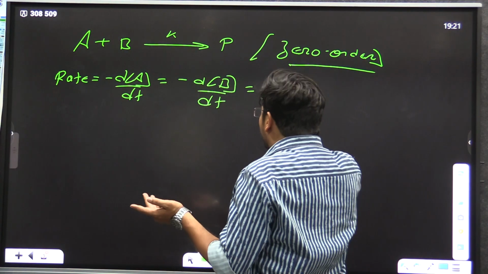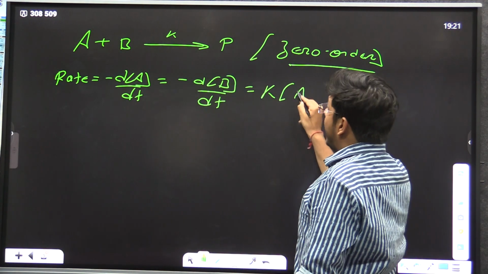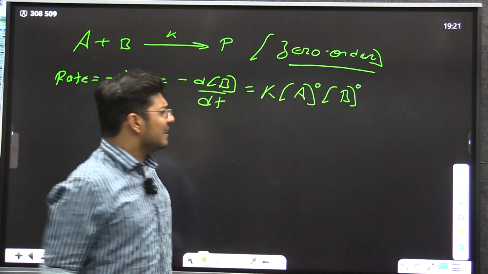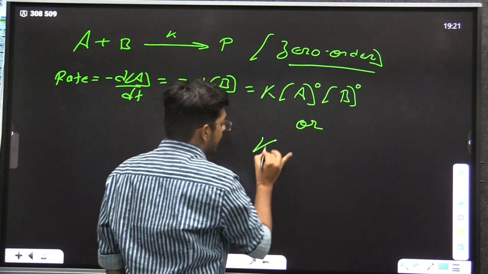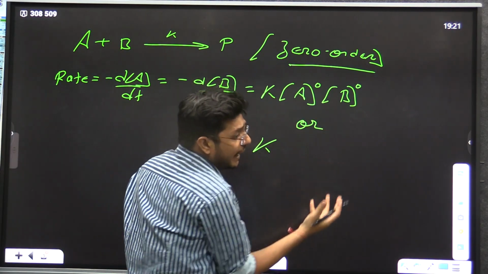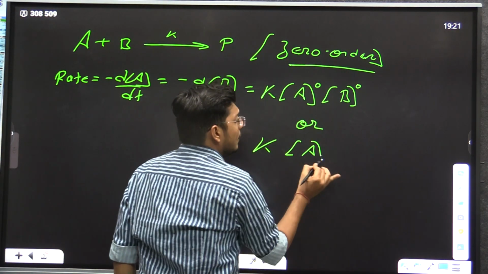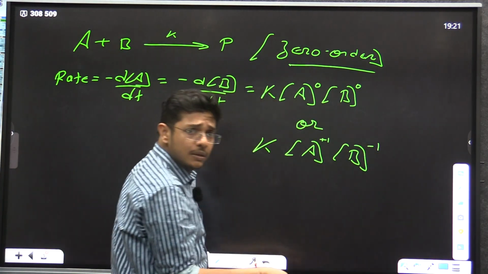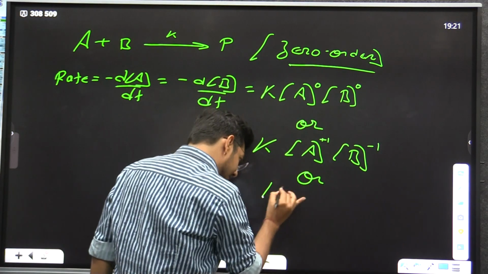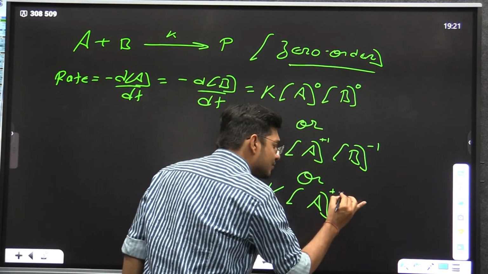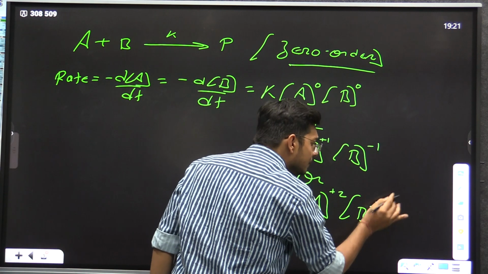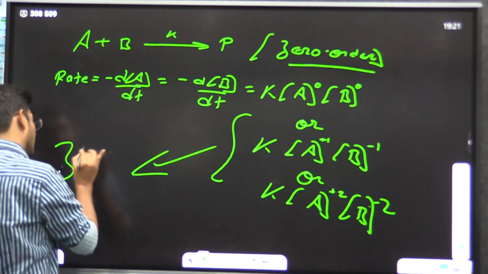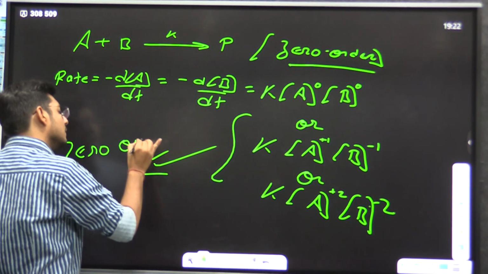And this can equal K A to the power 0 and B to the power 0. There are many ways to write this expression. We can also write A to the power 1 and B to the power minus 1, or A to the power plus 2 and B to the power minus 2. These are all expressions of zero order.